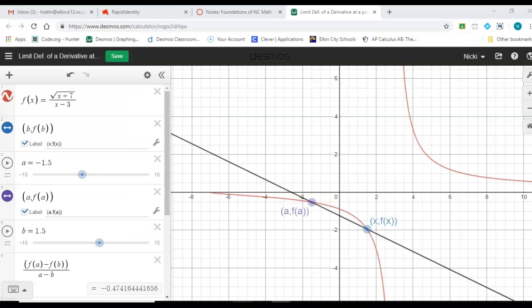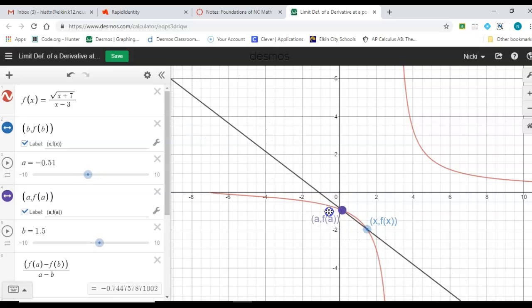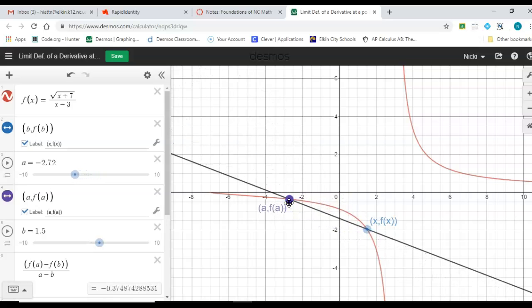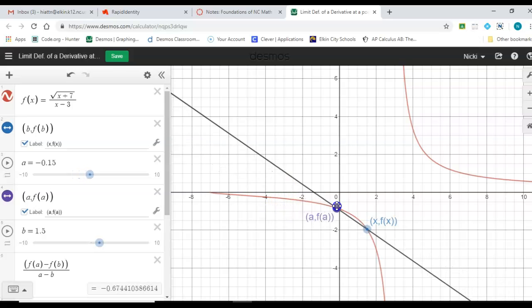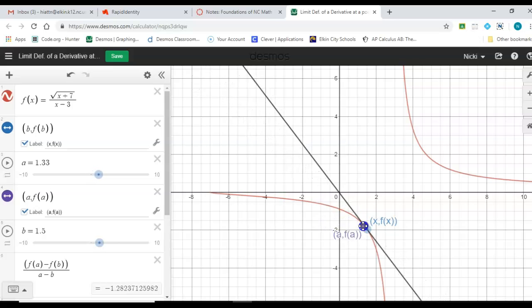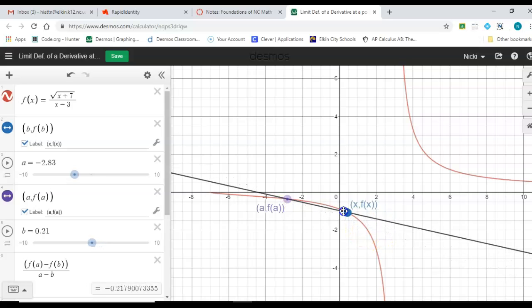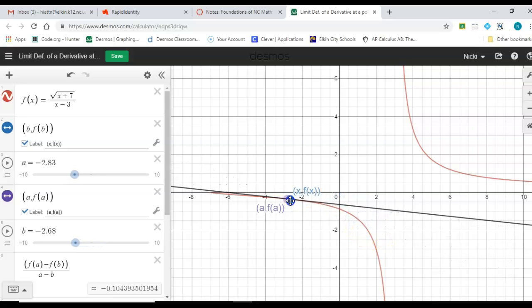If we look back at this picture, if I want this to be a tangent line, not just the average rate of change, then I would need to move this point right here closer and closer to my x value. Or we could move our x right here.